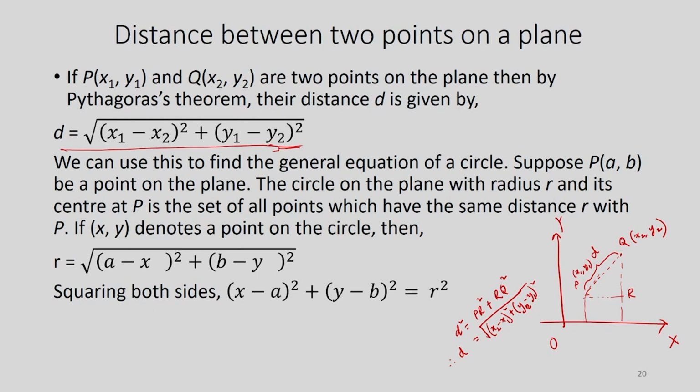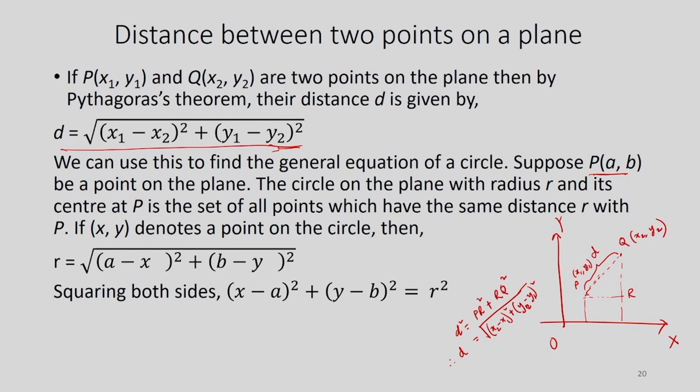So, suppose you have a circle, what is the general equation of that circle? Suppose P, whose coordinates are a and b, be a point on the plane. The circle on the plane with radius r and its center at P is the set of all points which have the same distance r from P.